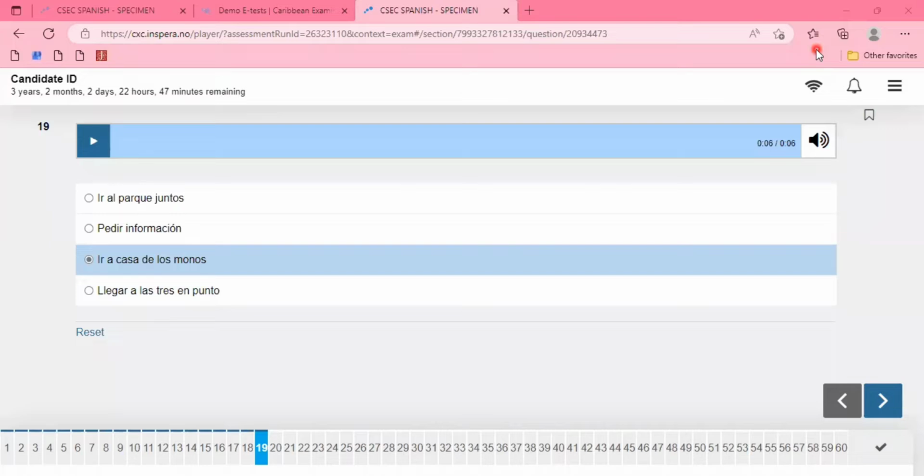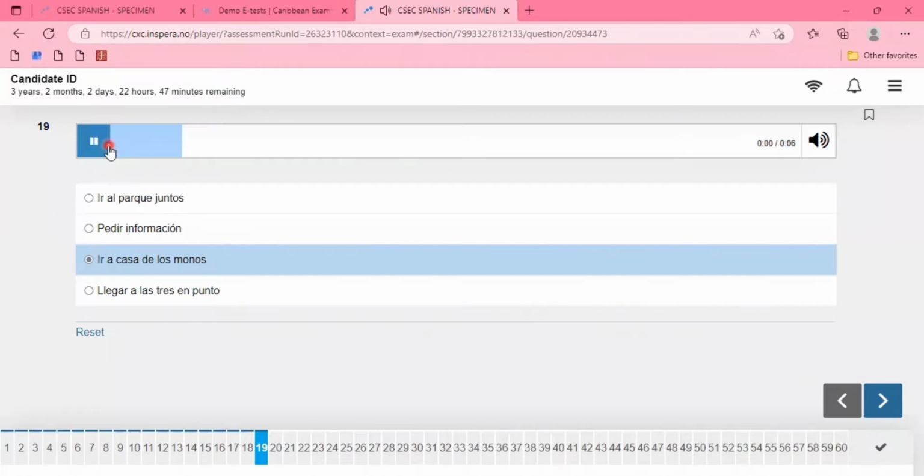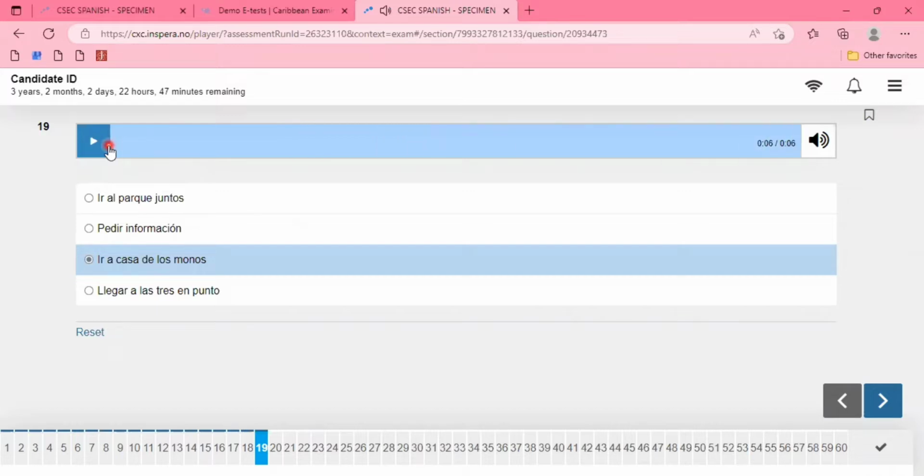All right, so we're back at number 19. And question was... Pregunta 19. Después de la exhibición, ¿qué pueden hacer las personas? After the exhibition, what can the persons do? So in the original audio, we heard that after the exhibition, persons can continue viewing the other animals, right? And we also heard about La Casa de los Monos.